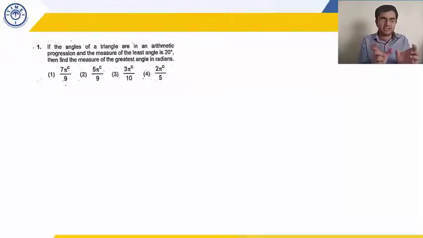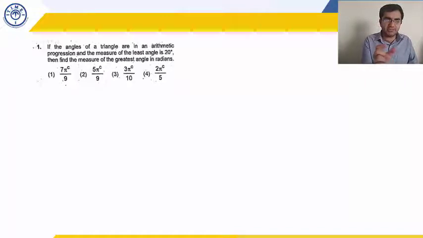Where each term is differentiated by a constant, that is every two terms. So if the first term is say 5 and the second term is 7, the third term will be 9. So 5, 7, 9, 11, 13 separated by a common difference. That's called an arithmetic progression. So take 30 seconds to solve this.